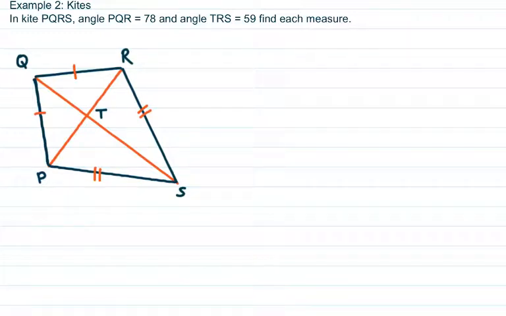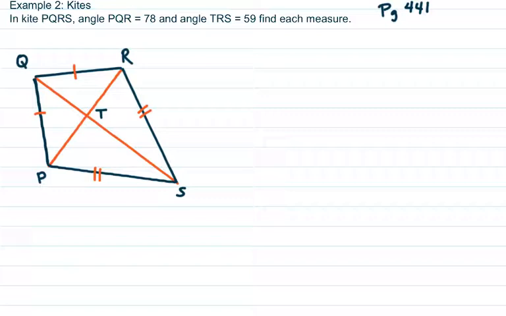So in your next example, this one's actually in your book, and this is on page 441. So okay, this is on page 441, so we'll write that down. This is Check It Out number 2. So it says, in kite PQRS, the measure of angle PQR is 78 degrees.